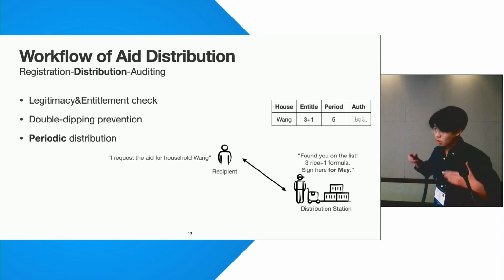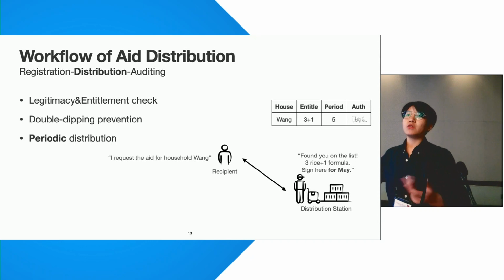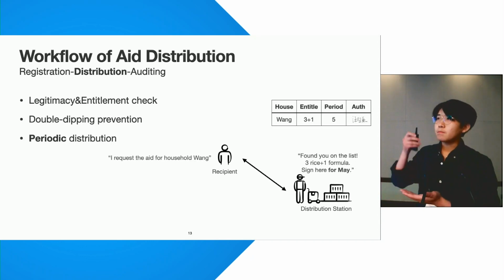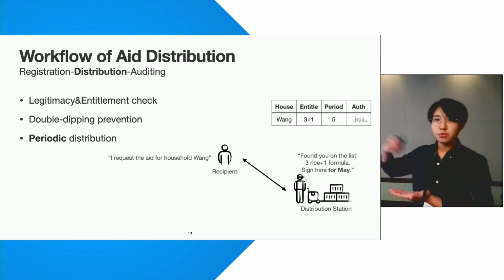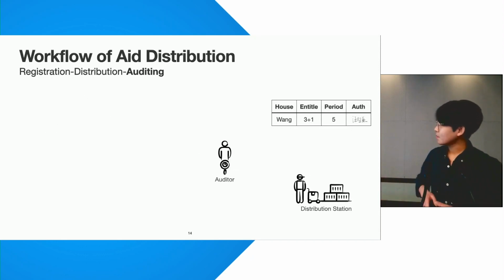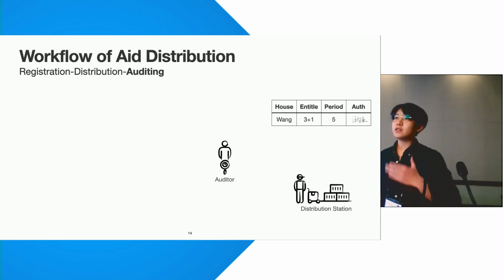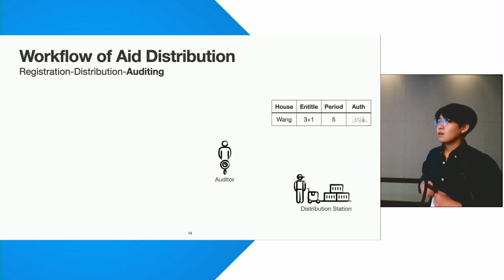An additional thing we learned from the ICRC is that aid distribution can happen periodically. So a digital system must be able to support periodical distribution without registration every single time. After the distribution phase, there is an extra step we call the auditing phase. Why is that?